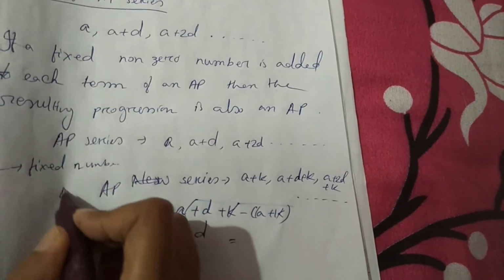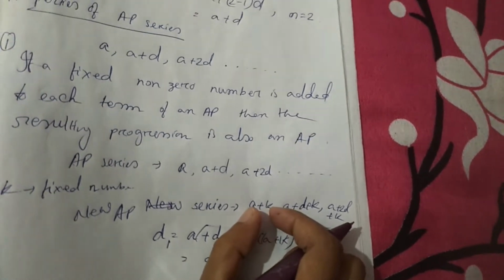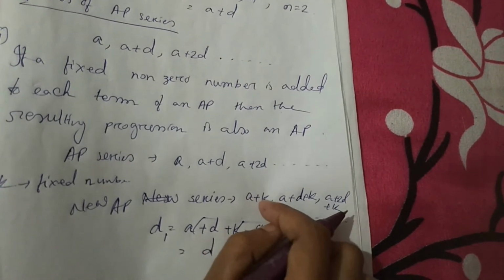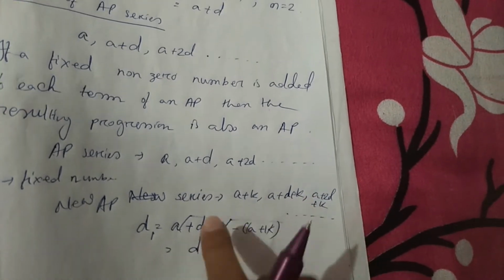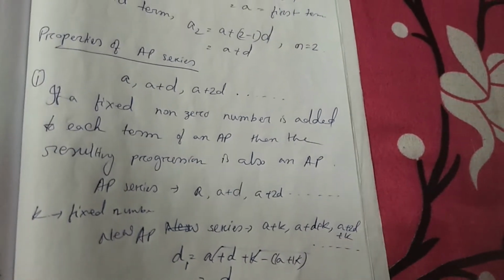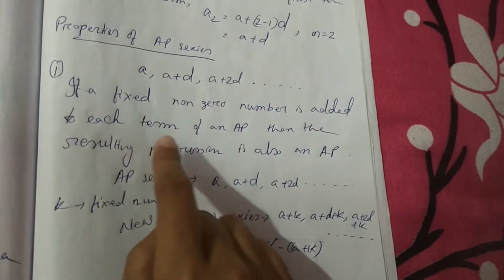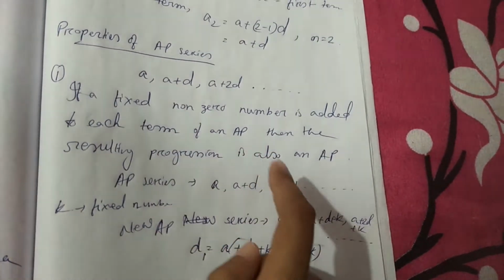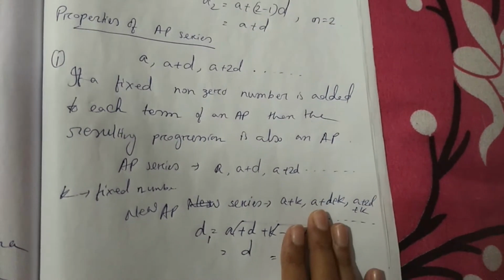You will get another AP series having the first term as a plus k. If you add the number k, then the first term will be a plus k and the common difference will be d. So the main thing is that if a fixed non-zero number is added to each term of an AP, then the resulting progression is also an AP. This is the property of an AP series.